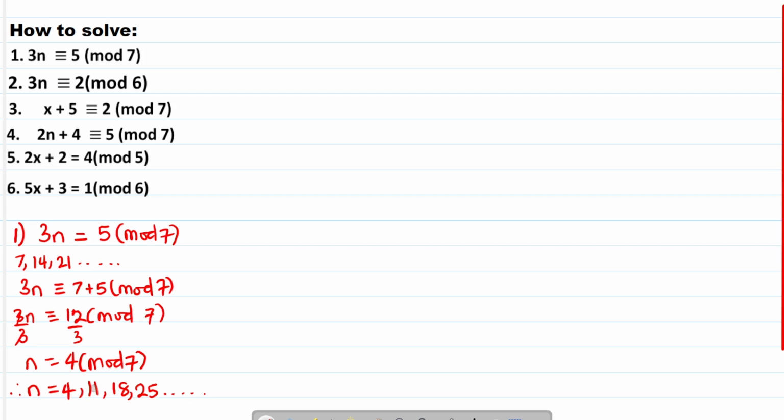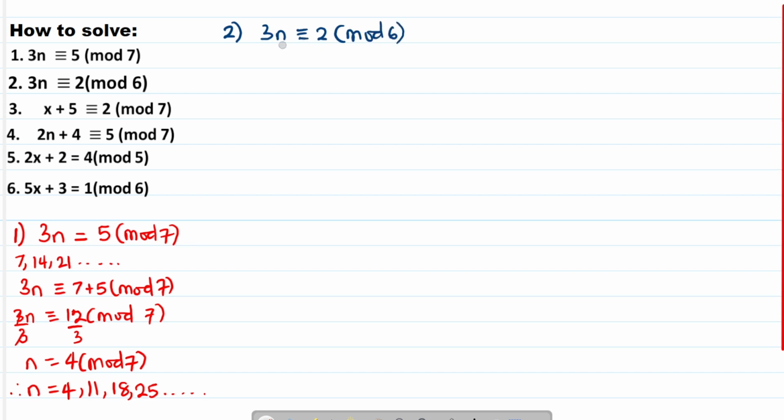So the possible solutions for n for this equation 3n equals 5 mod 7 are 4, 11, 18, and so on.